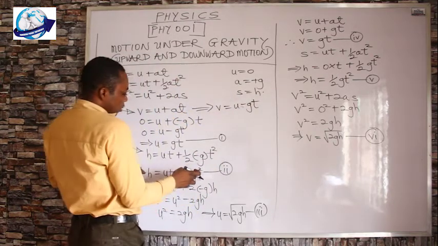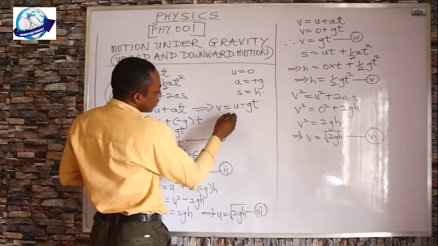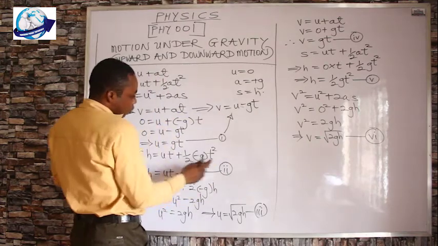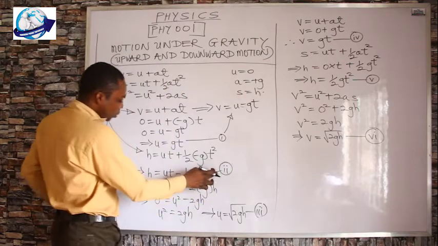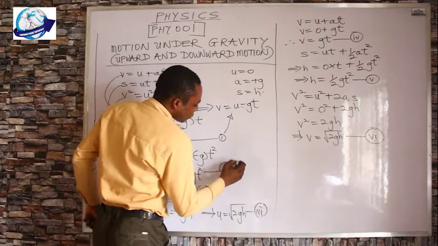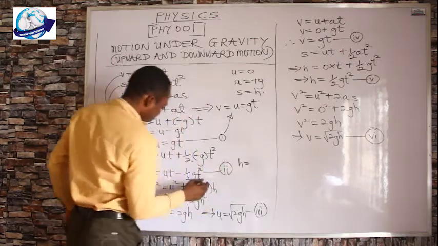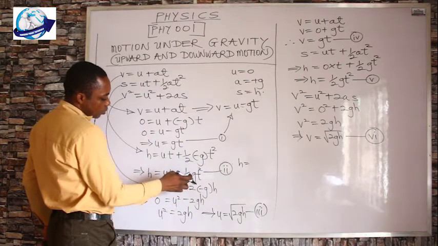Then this one remains, and equation 2 becomes H equals UT plus half GT squared.